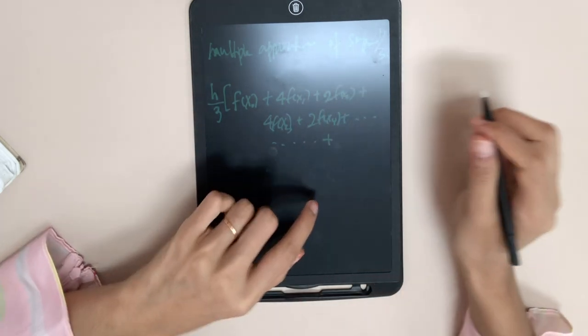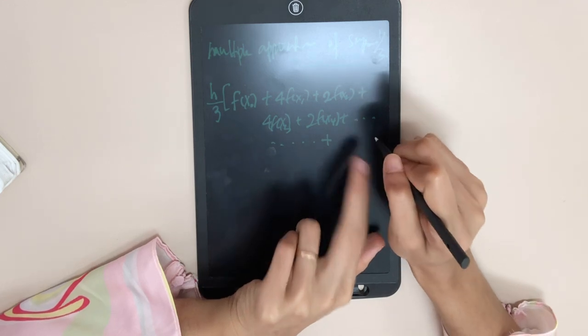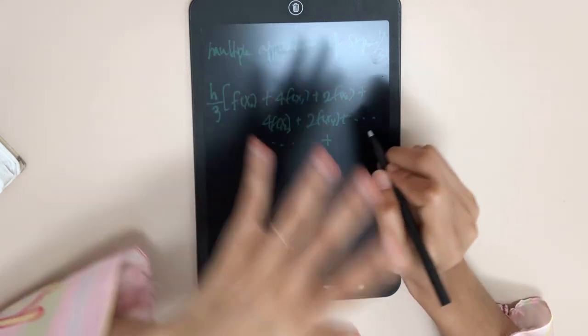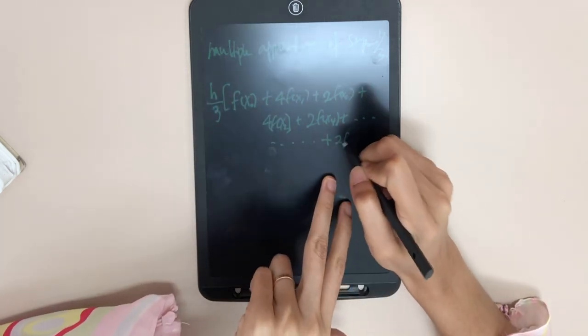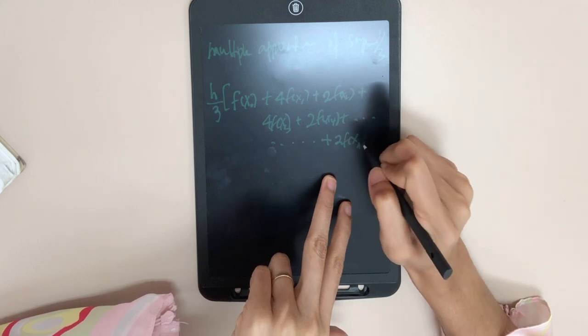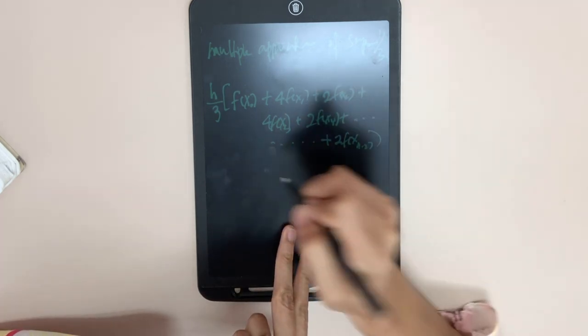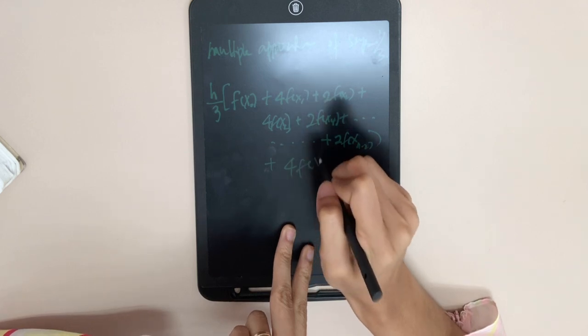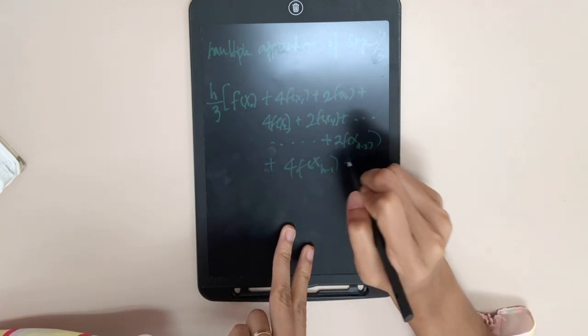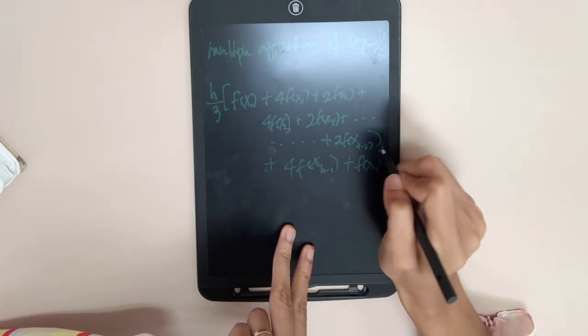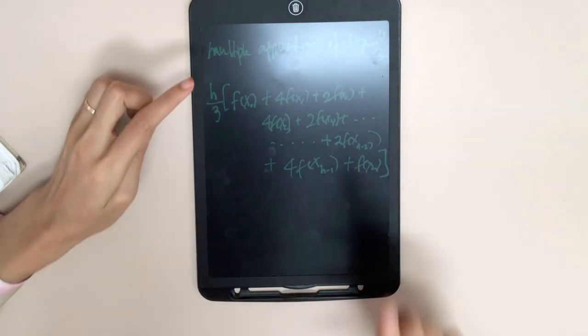And at the end, the last two are 2f(x n minus 2), plus 4f(x n minus 1), plus f(xn). Okay, so listen carefully.